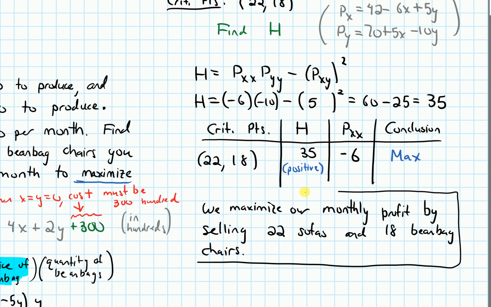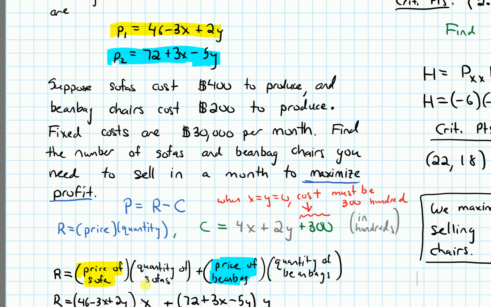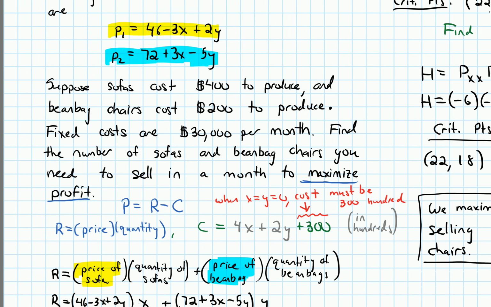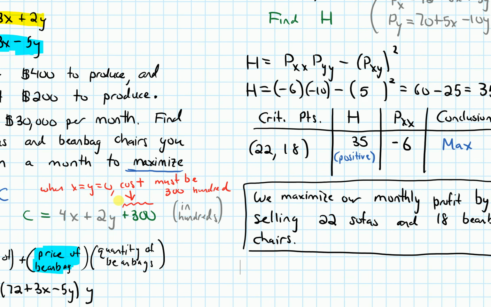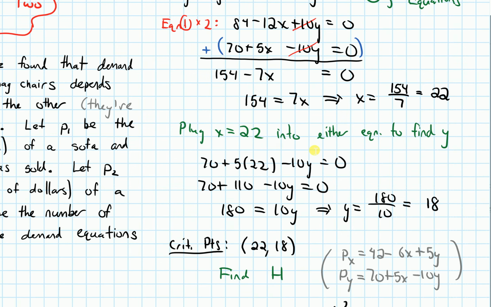This question did not ask us what that max profit was. It just asked what the values of x and y are: how many sofas and beanbag chairs we needed to sell to give us that max. If it also asked for the maximum profit, we'd have to plug the x and y values we got into our profit function, which would have been up here.